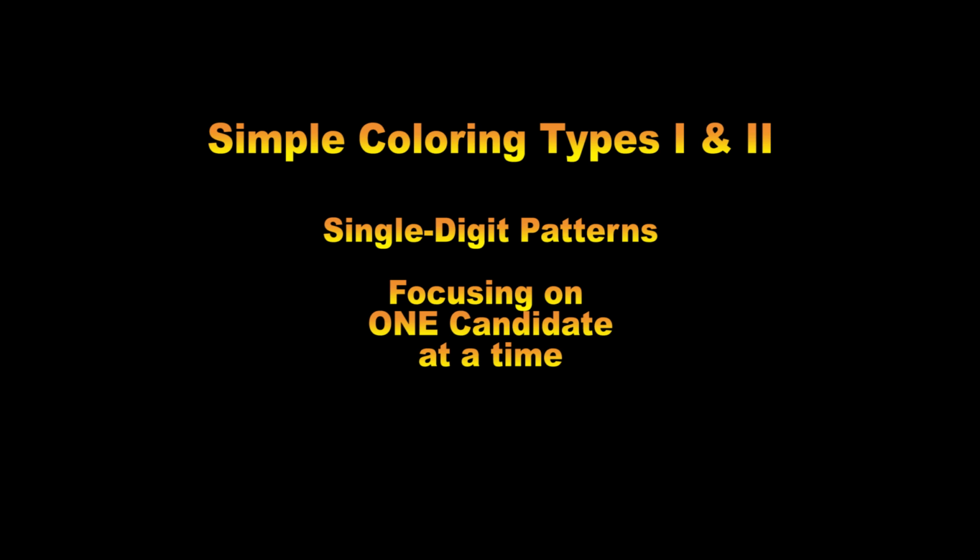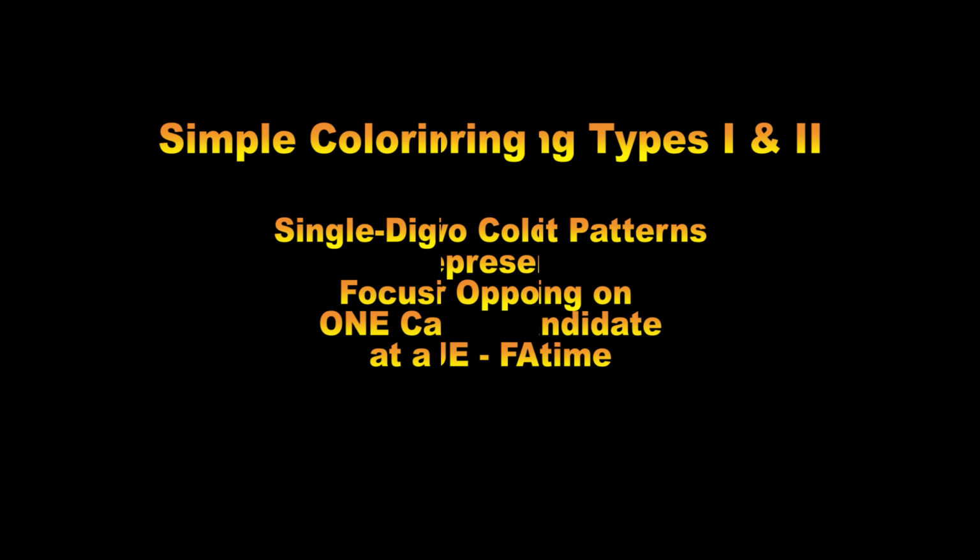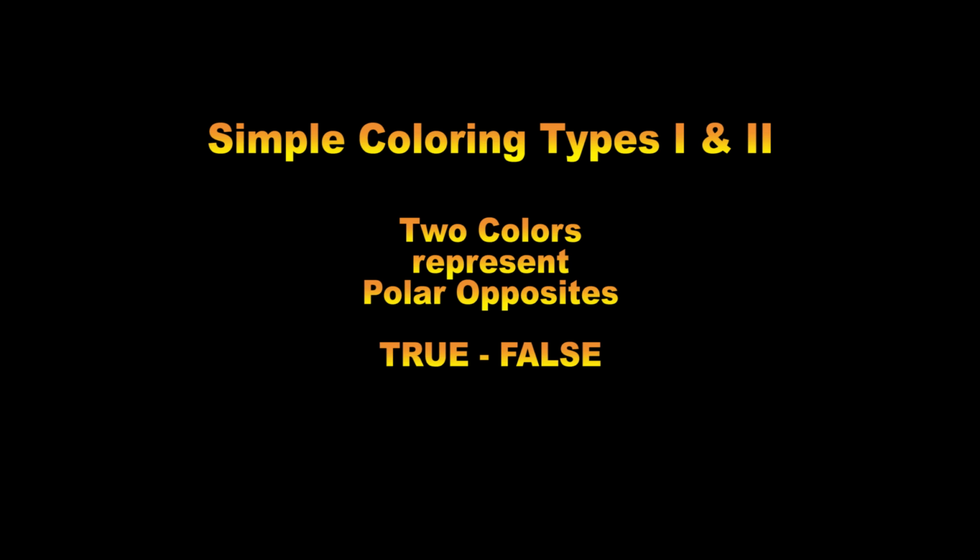Simple coloring type 1 and type 2 are both single-digit patterns, meaning we will always be focusing on one particular candidate at a time. We will be using two colors to denote each conjugate pair. The two colors will always represent polar opposites, like north-south, A-B, on-off, yes-no, true-false, or however you want to think of it.